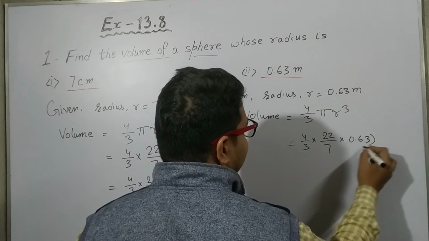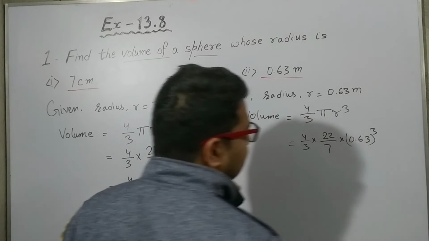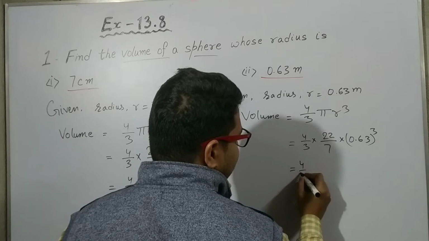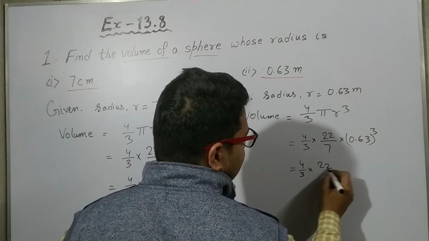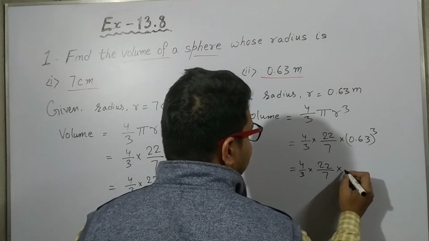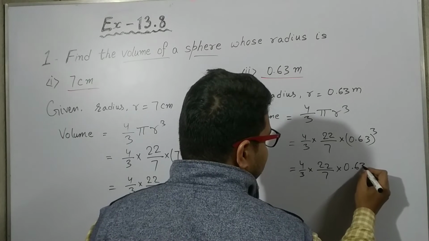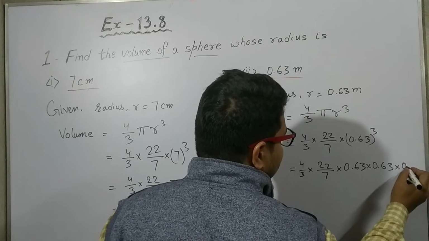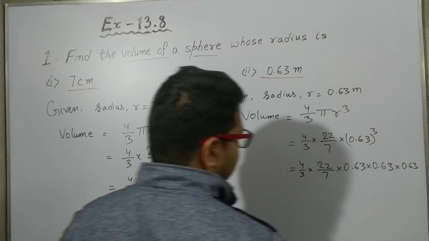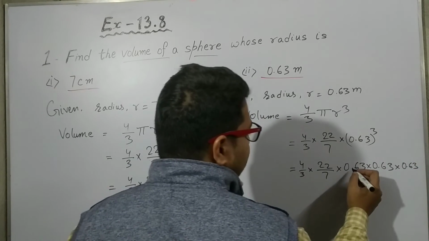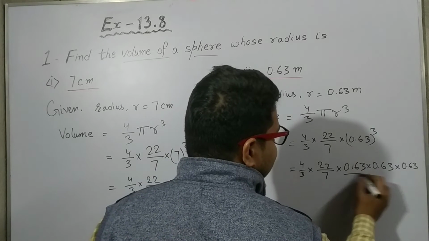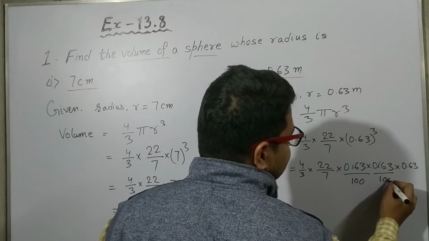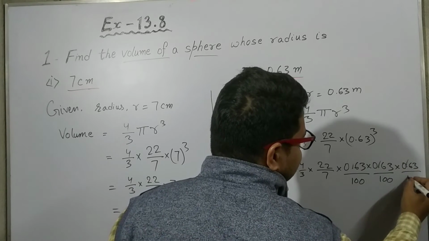In the first step, write the radius and show the power 3, and after that, in the next step, you can multiply 22/7 multiply 0.63, how many times? 3 times. 0.63, 0.63, and multiplied 0.63. Okay, and now remove the decimal, then upon 100 and upon 100.